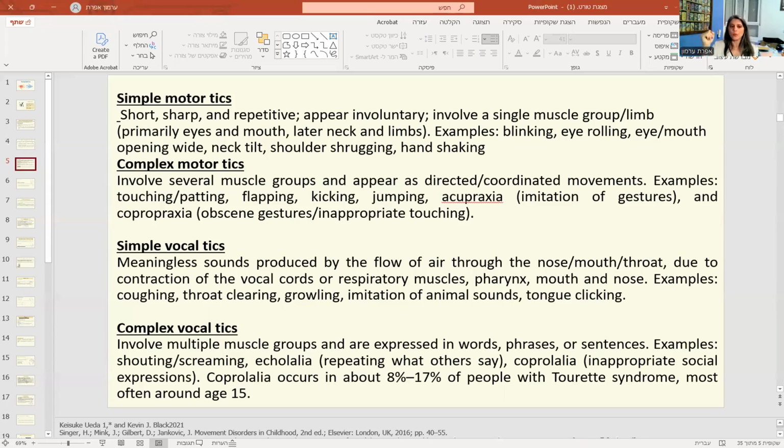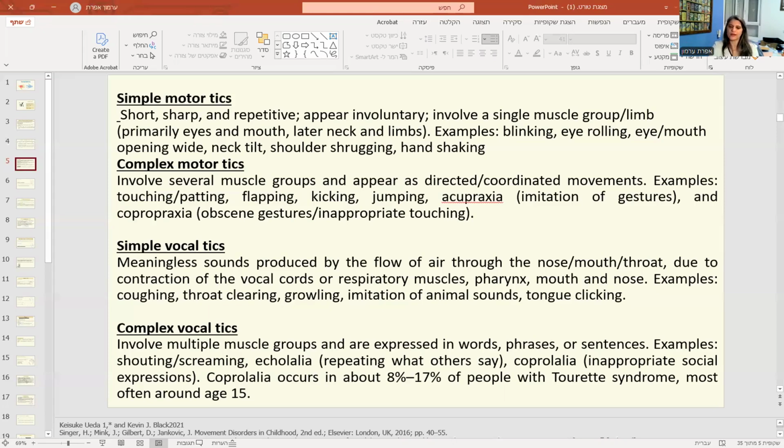Examples: touching or patting, flapping, kicking, jumping, acropraxia, which means imitation of gestures, and copropraxia, which means obscene gestures or inappropriate touching.